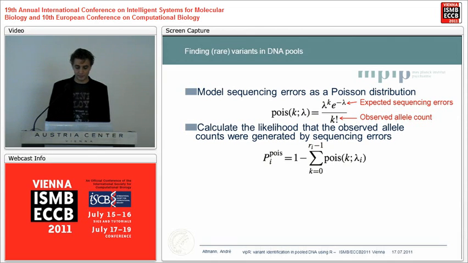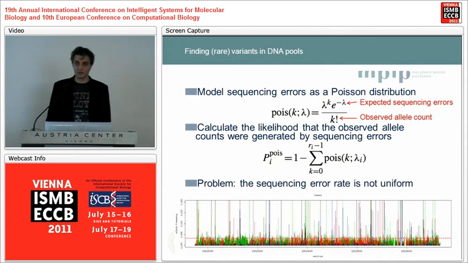As I said before, sequencing errors are not uniform, and here we have a small picture. This is one of the target regions we sequenced, and this dashed line shows you the threshold or the cutoff for one heterozygous allele in the pool. The bars indicate the minor allele frequency we have, and you see that really lots of bars cross this border, so we would generate lots of false positives.